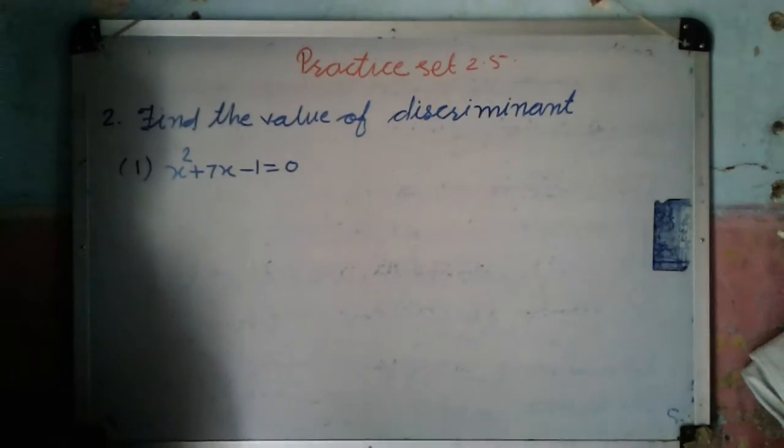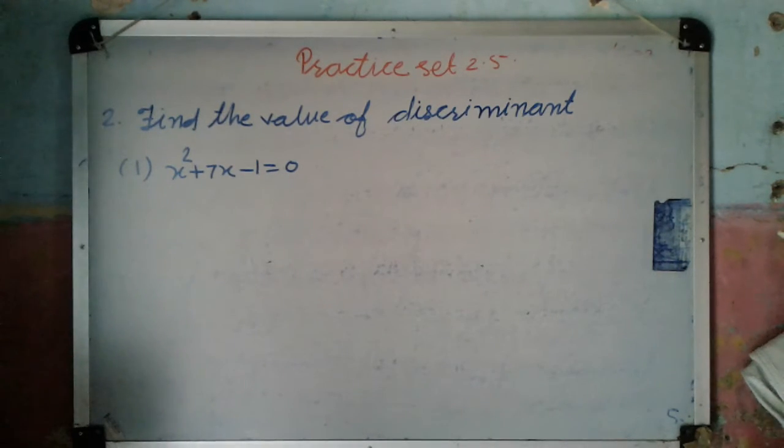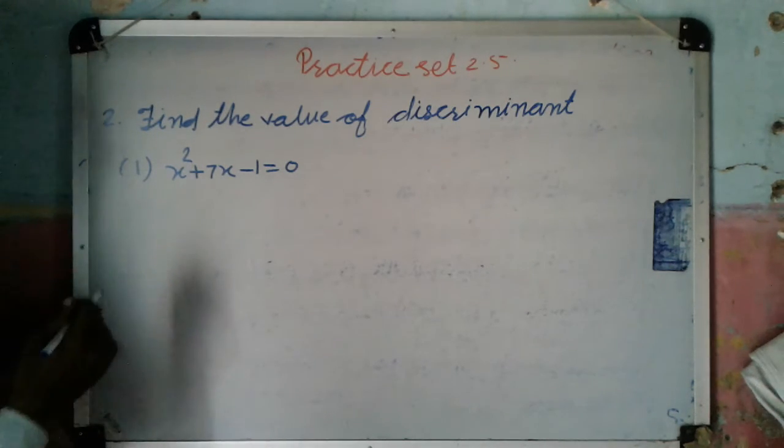Practice set 2.5, question number 2. Find the value of discriminant. So example 1 is given here: x square plus 7x minus 1 is equal to 0.